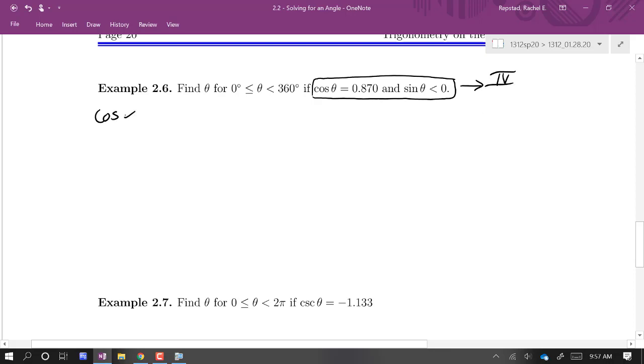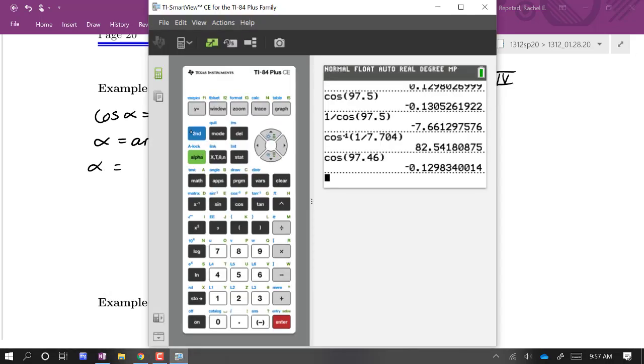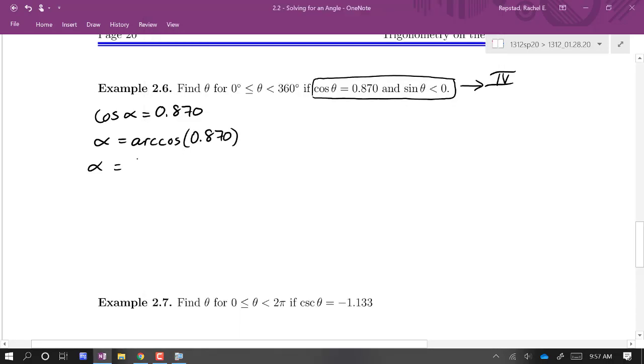We know that cosine of alpha is a positive 0.870, and so alpha is arc cosine of 0.870. That'll give us some angle. $29.54. Maybe I'll go a little further this time.